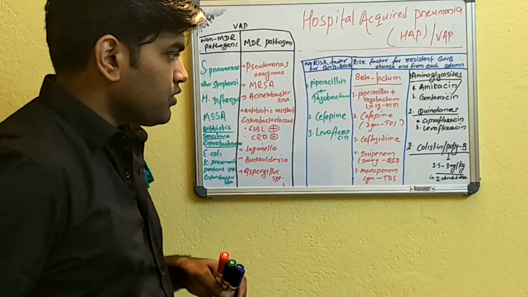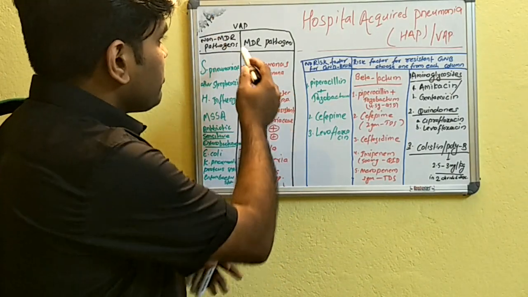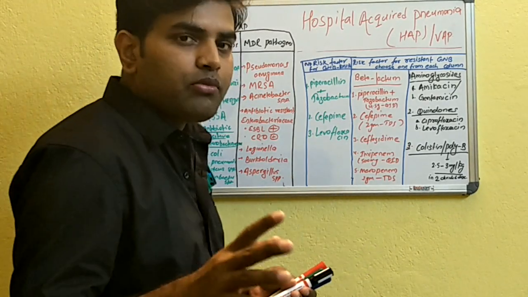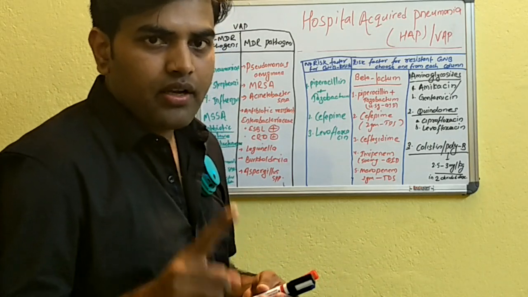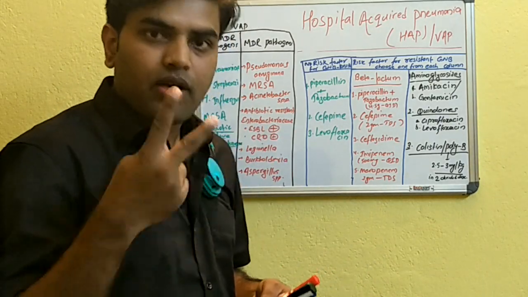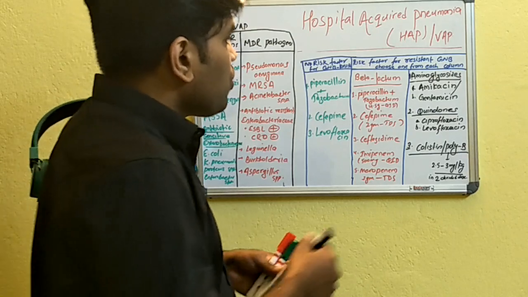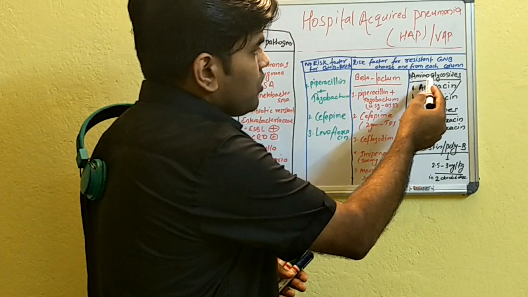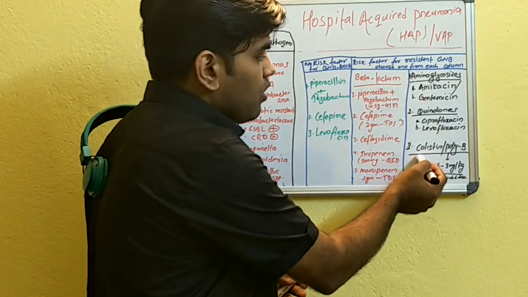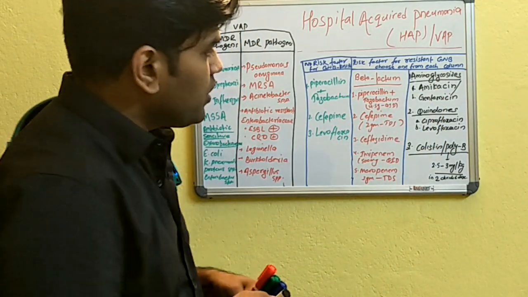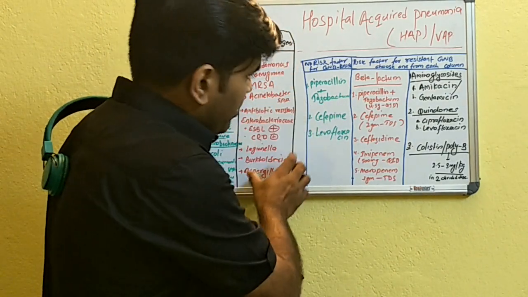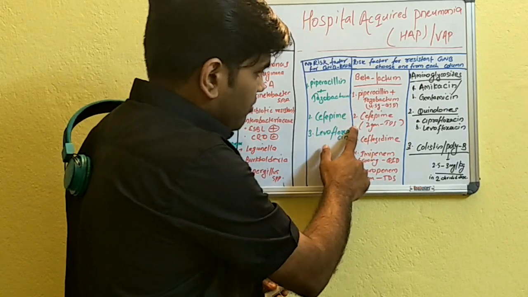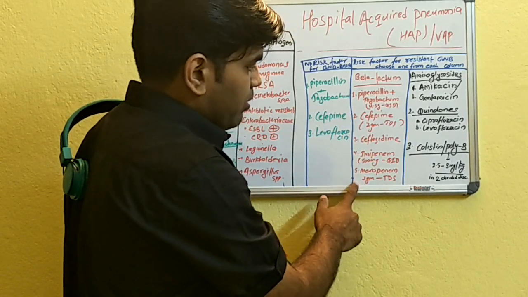Then you can have a good outcome for that patient. And Aspergillosis species. So if this group of MDR pathogens is present, then you can't go for only one class of antibiotic. Now you have to give a combination of two antibiotics, which includes one beta-lactam antibiotic and another either one of aminoglycoside or quinolones or colistin or polymyxin B. So if you have an MDR pathogen, you have to give one beta-lactam, that may be piperacillin tazobactam or cefepime or ceftazidime or imipenem or meropenem.